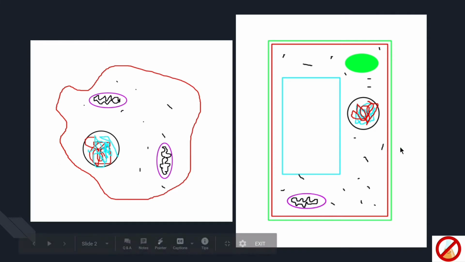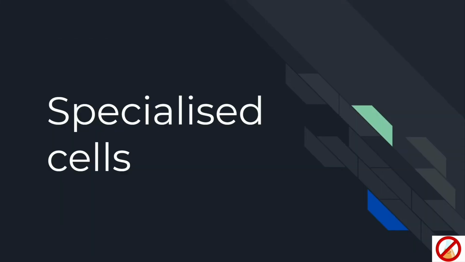So let's start. Specialized cells basically means cells that are specified for specific roles. The previous two pictures were just basic cells for you to know the anatomy. But if we get realistic, for example in the human body or plants, every cell is pretty different, and there's a reason behind it, because there's a specific role that they have to fulfill.